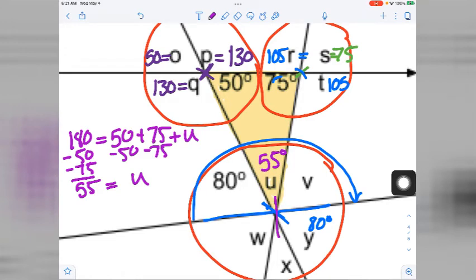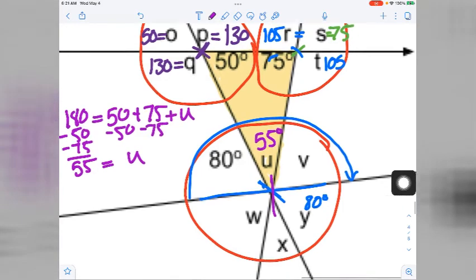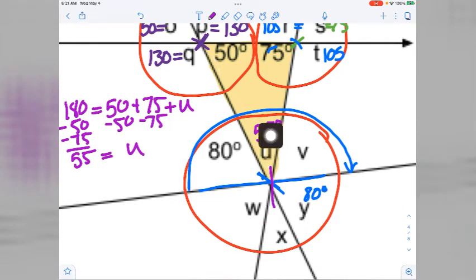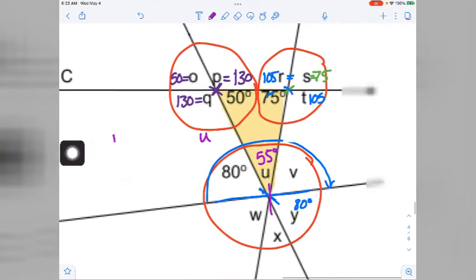So now I know angle U has to be 55 degrees. And now I can recognize that these are vertical angles, so these two, X and U, should match. 55 plus 80 plus V should also make 180.